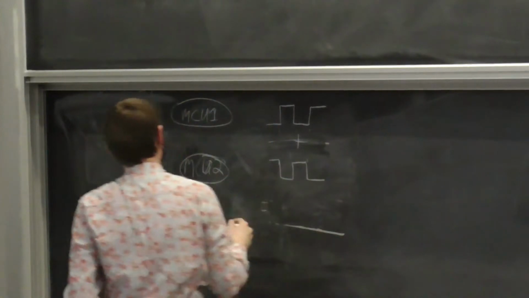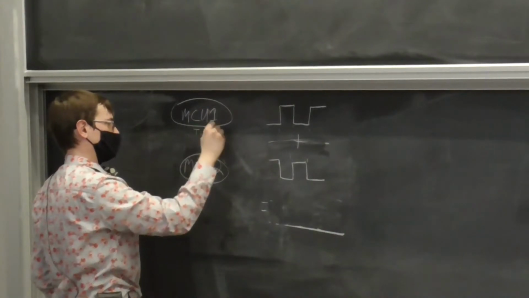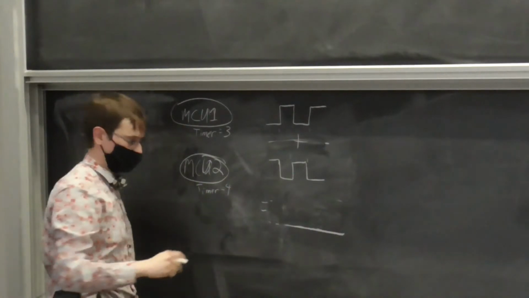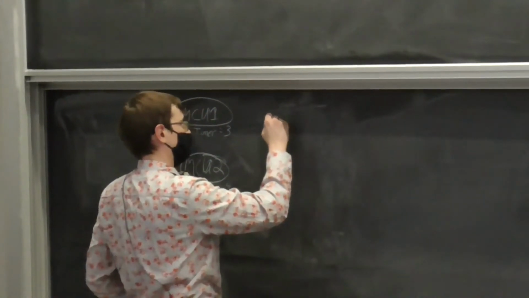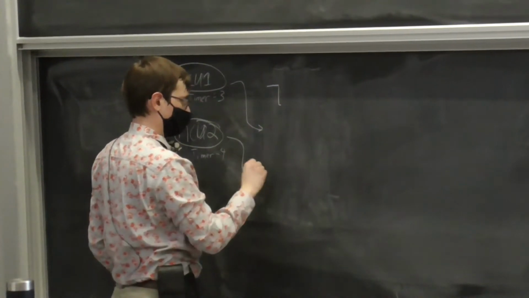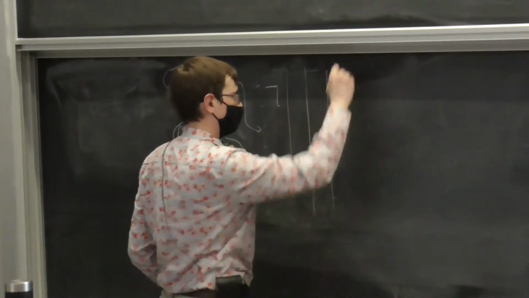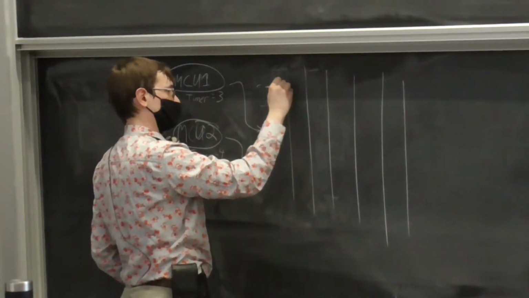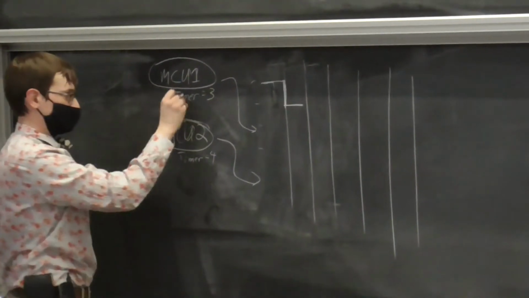So it's like, even if, say, the timer on MCU 1 is equal to 3, and the timer here is equal to 4, right? If we have the falling edge, then this guy starts counting, right?